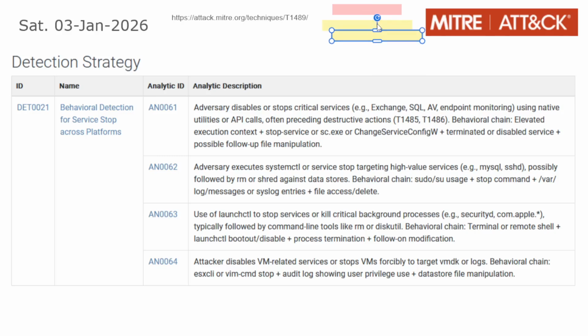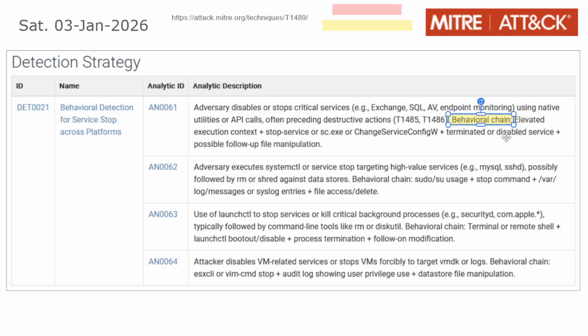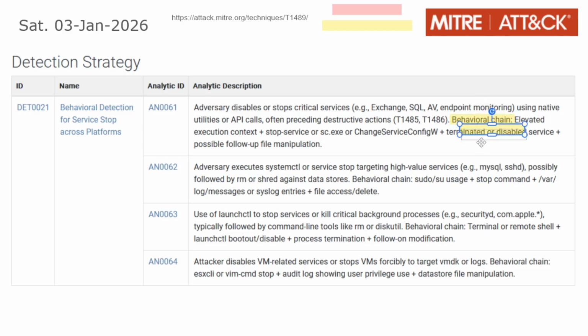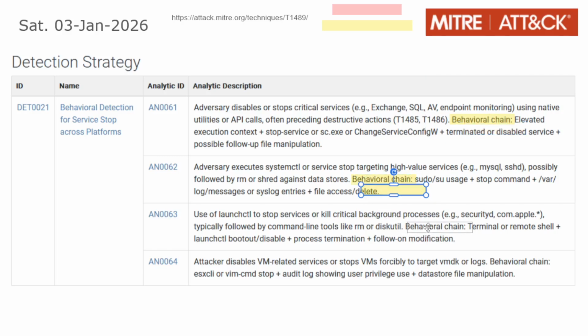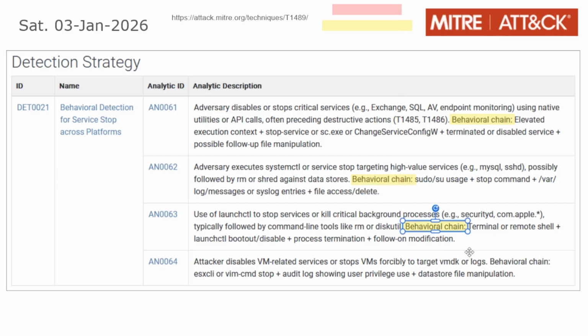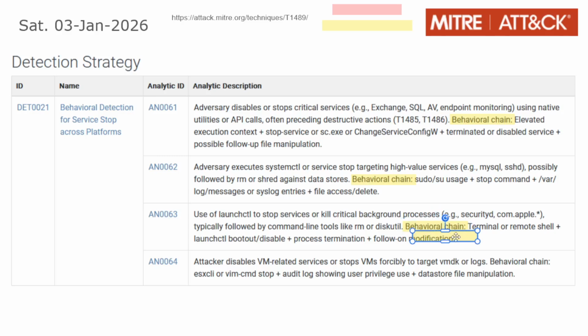Let's mark it down, just the words behavior chain. That just shows that MITRE has quite the idea how to detect patterns, and that's our job. One of my former bosses once asked in one of the meetings, what is the difference between humans and animals?